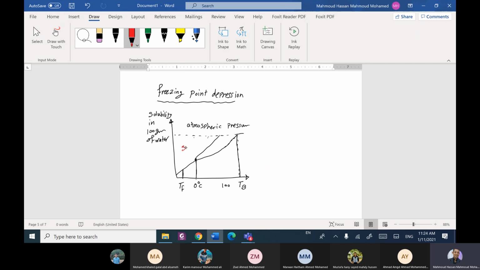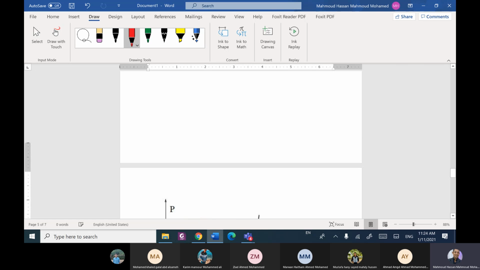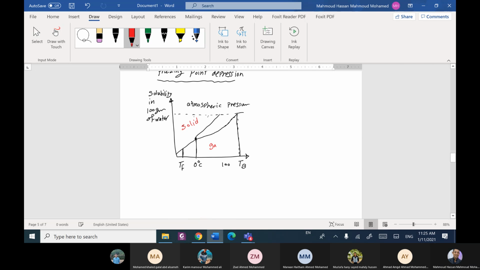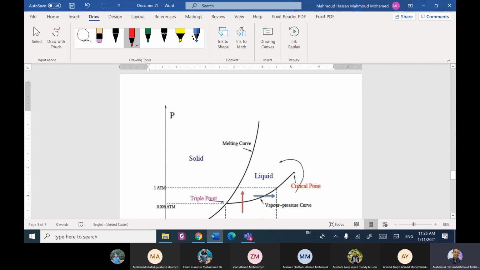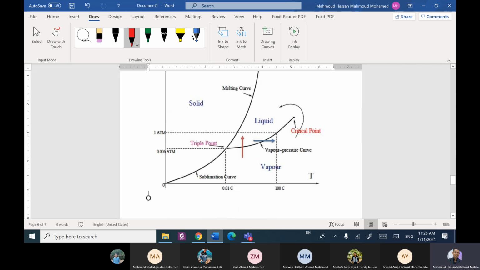We'll find the solid, the gaseous, and liquid. Okay. We'll find the depression in the freezing point for this curve. It causes the transfer of the substance from one state to another.